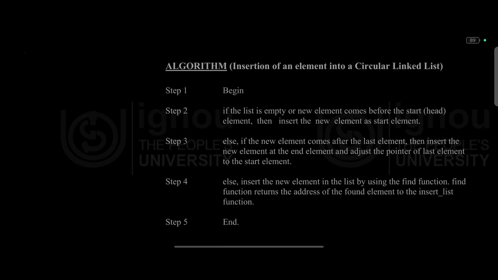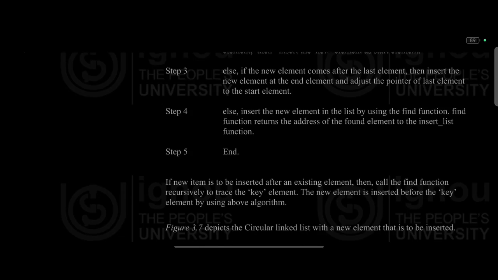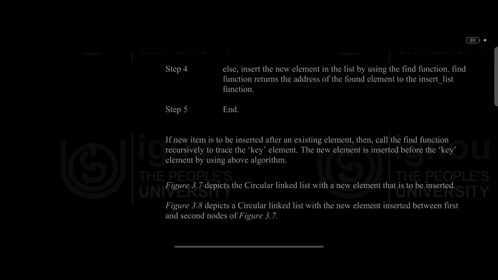Step 3: Else if the new element comes after the last element, then insert the new element at the end and adjust the pointer of the last element to the start element. Step 4: Else insert the new element in the list by using the find function. The find function returns the address of the found element to the insert_list function.